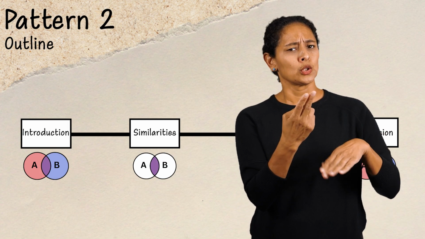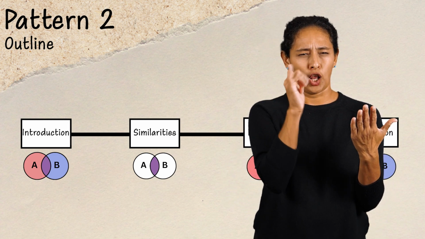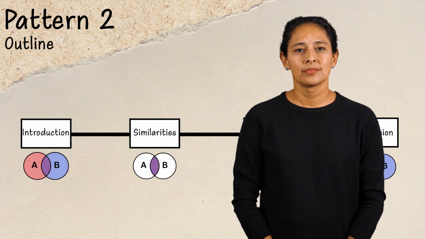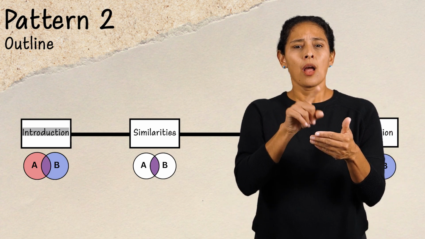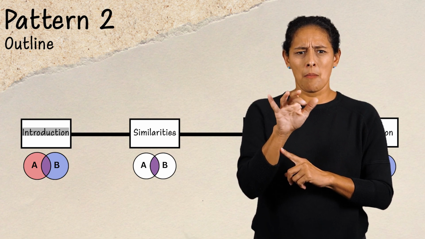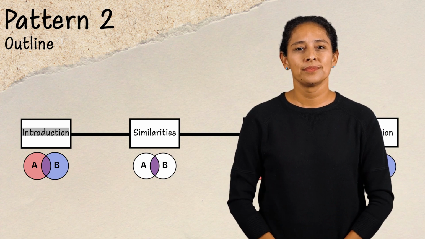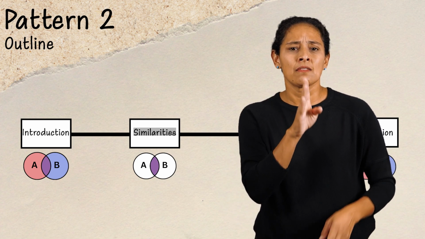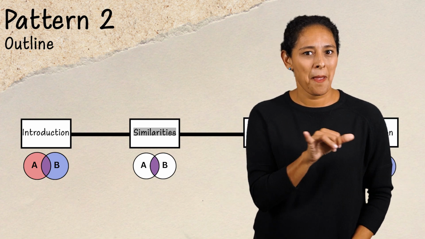Now let's take a look at what using our pattern 2 would make the outline look like. We would start with our introduction, where we would talk about how our topic has similarities and differences. Then, we would describe how A and B are the same.